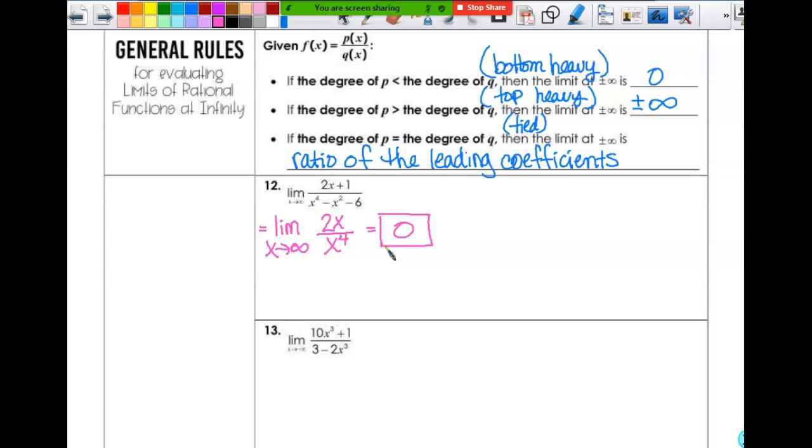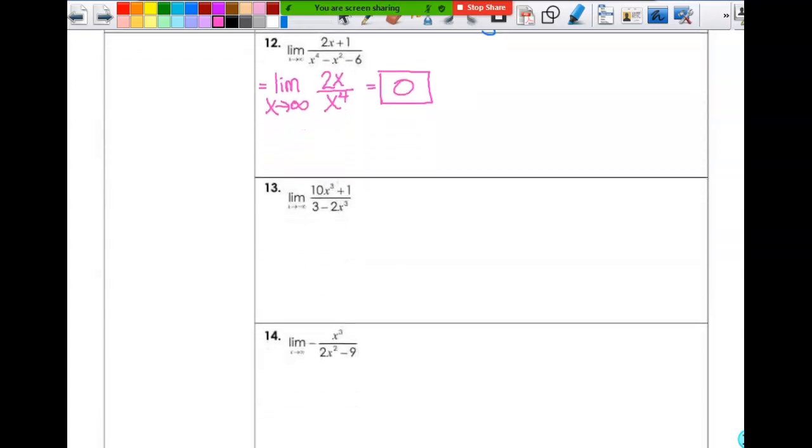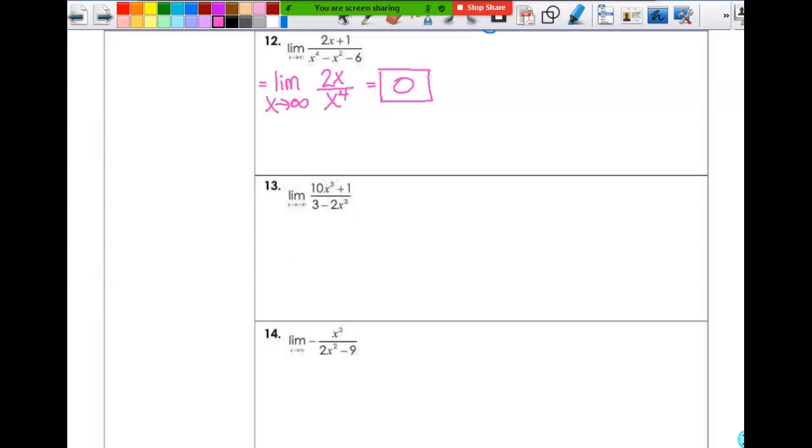Okay, so let's look at number 13. This is equal to the limit as x approaches, that does say negative infinity, right? Mine's all blurry. Okay, thank you. It's just like a blob up here. So the leading one in the numerator is 10x cubed over, in the denominator that's a negative 2x cubed.